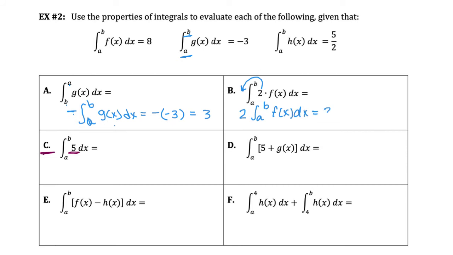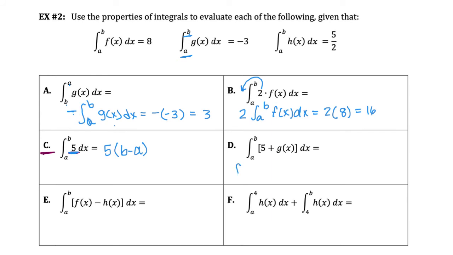I know that the integral here from A to B of f of x dx is 8. And so that's going to give me 16. Here, this is one that just had a constant value. Then I know that's going to be 5 times b minus a. And that's all we can do for that one.